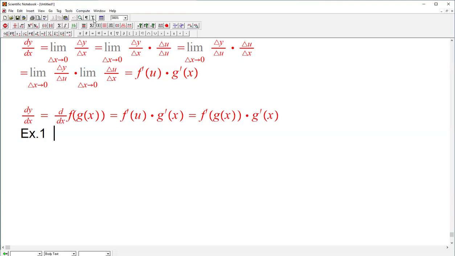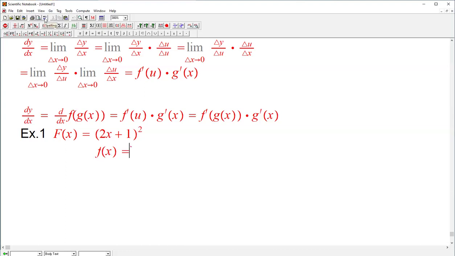I'm going to use some simple examples. For example, I'm going to have capital F of x equals (2x plus 1) squared. This is a composition function, right? And we are fairly familiar with it.